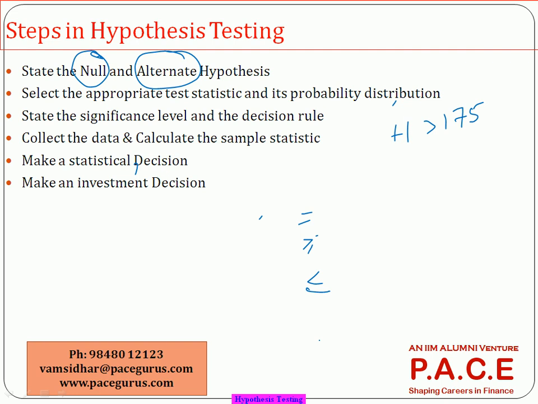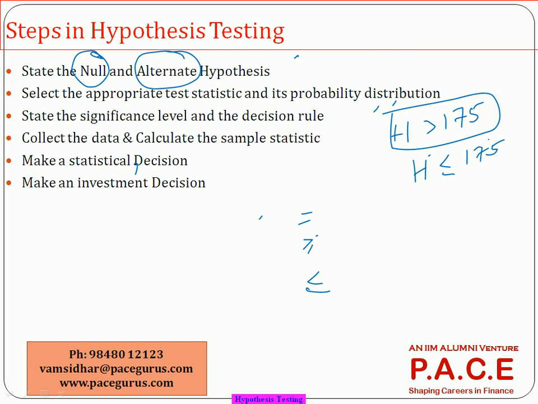One will contain equality, the other will not. Now I have to test this. One of the statements made is this. What is the opposite of this? Less than or equal to, the perfect opposite to it.